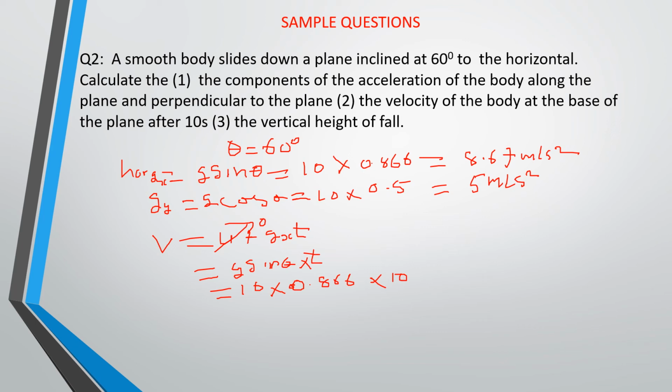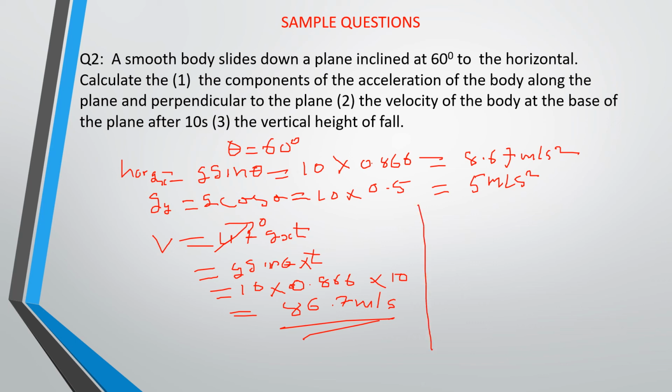Okay, so when you work this out, you have 86.7 meters per second. So this will be the velocity at the base after 10 seconds.